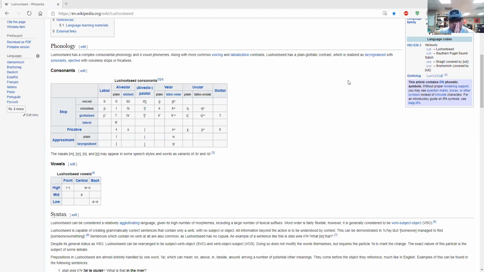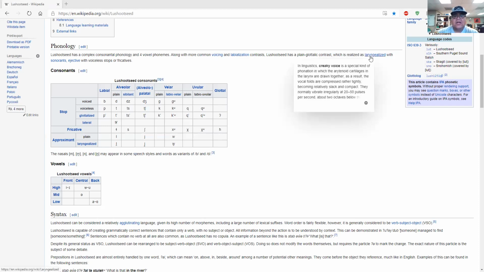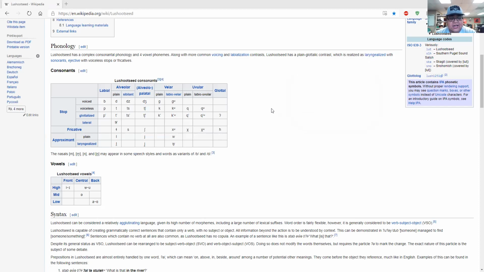All right. So, when you look up Lushootseed and you type in Lushootseed alphabet, you're going to end up getting this, right? Consonants and vowels, as they are. You look at this chart and you're like, huh? Because this doesn't make sense.